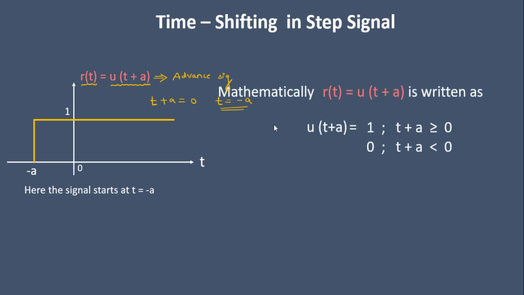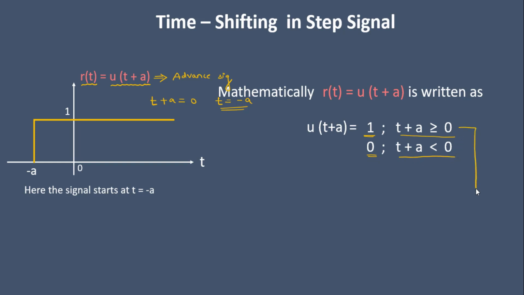So mathematically, we can write r of t, which is nothing but u of t plus a. It is 1, the magnitude or height of the signal, for t plus a greater than or equal to 0, and the signal is 0 for t plus a less than 0.